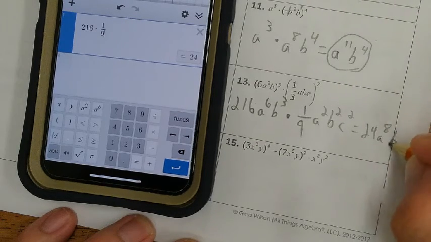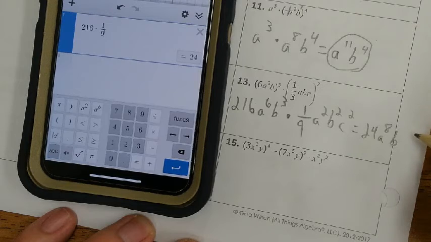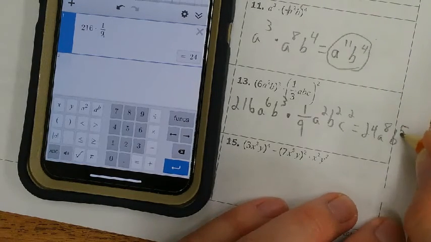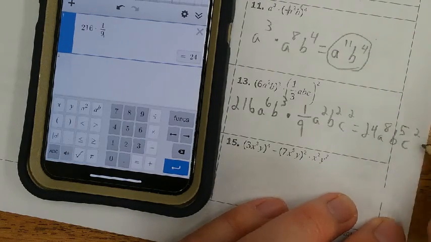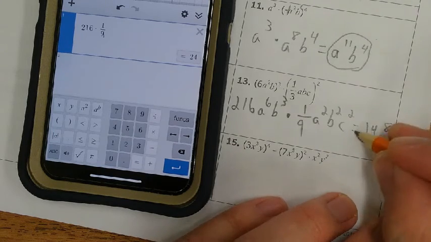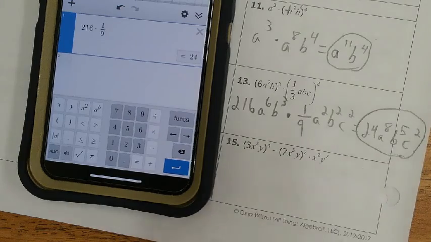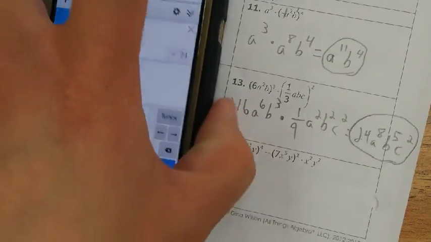B, what did you say? 5. And then there's nothing else to combine our C's with, so we just bring that in our final answer, the C squared. So you should have gotten 24, A to the 8th, B to the 5th, C to the 2nd.